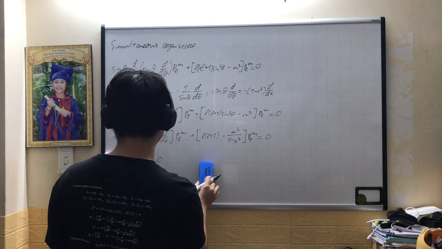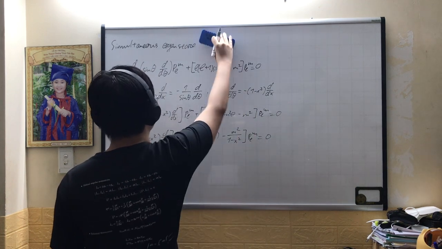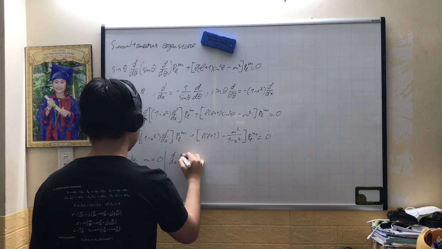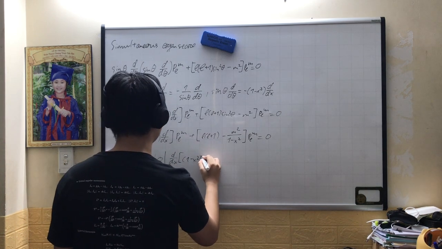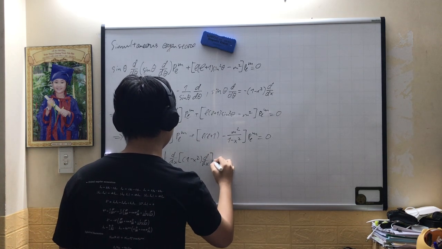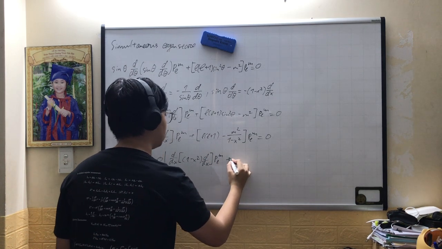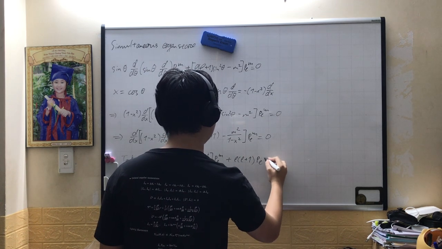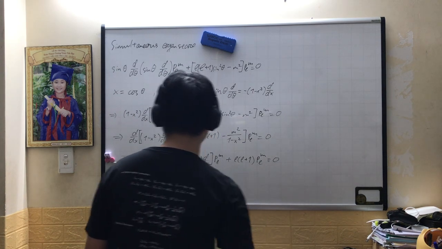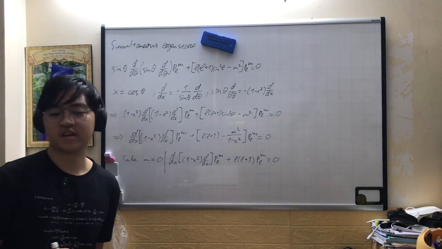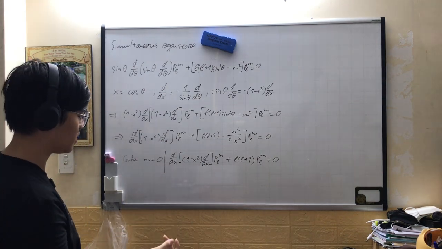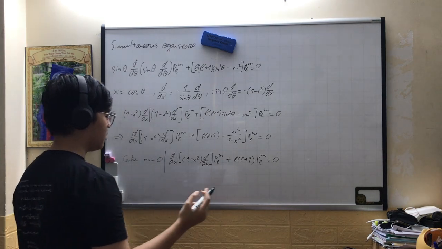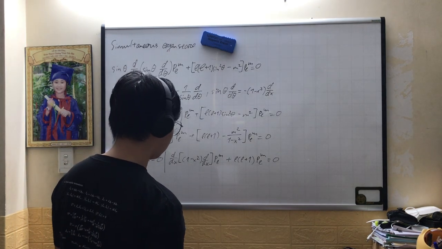So now our function can be rewritten again to d/dx of 1 minus x squared d/dx of P_l, plus l(l+1) P_l equals 0. From here we can already begin to take one step forward to our recursion relation.